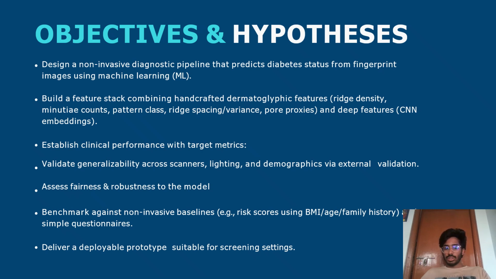Validate generalization across devices, scanners, lighting, and demographics via external validation. Assess fairness and robustness of the model. Benchmark against non-invasive baselines, for example using body mass index, age, and family history. Deliver a deployable prototype suitable for screening settings.